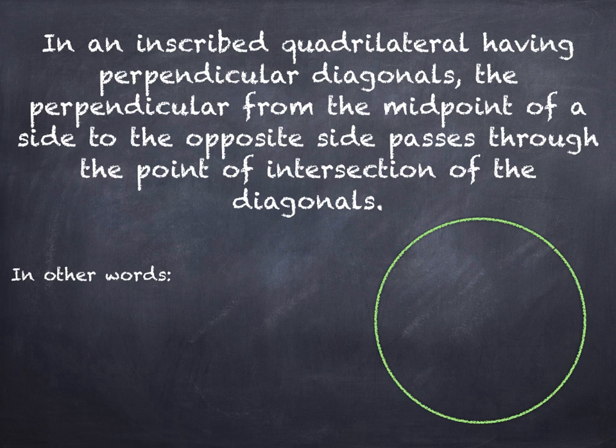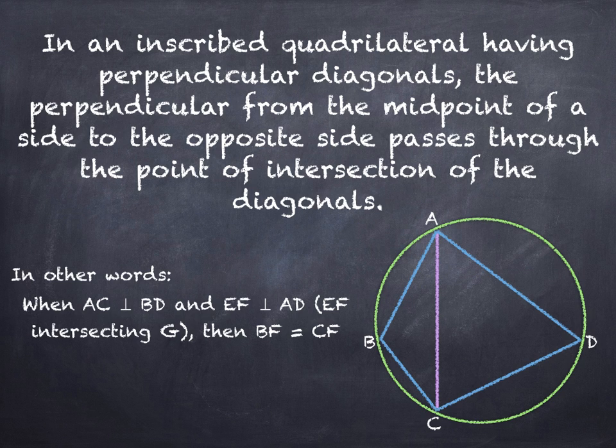Let's look at our circle with inscribed quadrilateral ABCD. When line AC is perpendicular to line BD and line EF is perpendicular to line AD, where EF intersects at point G, then line BF is equal to line CF.